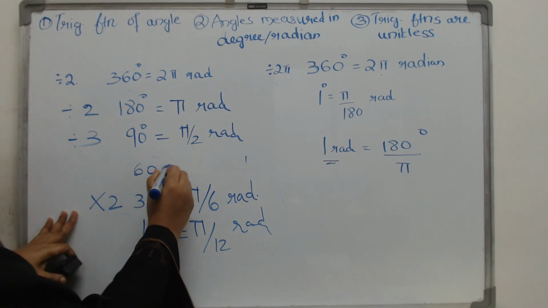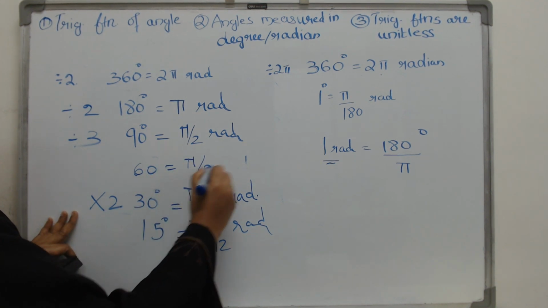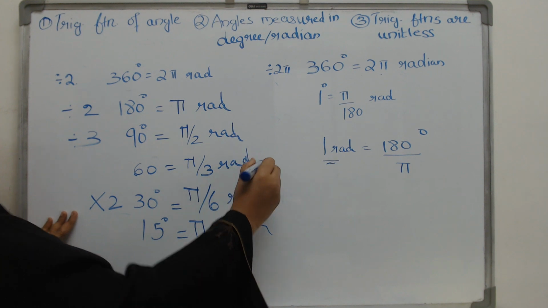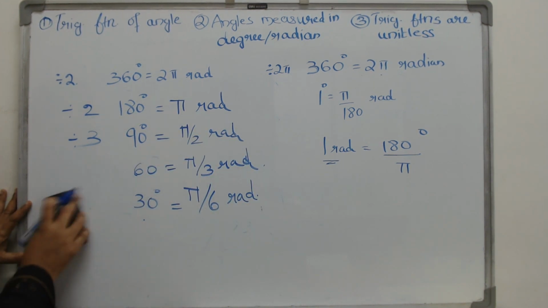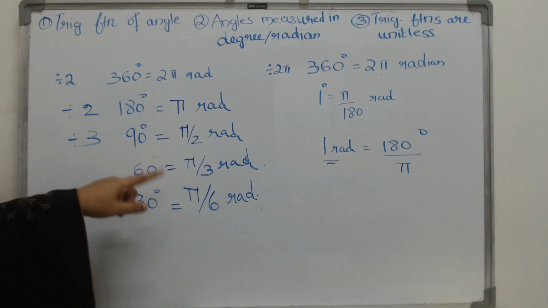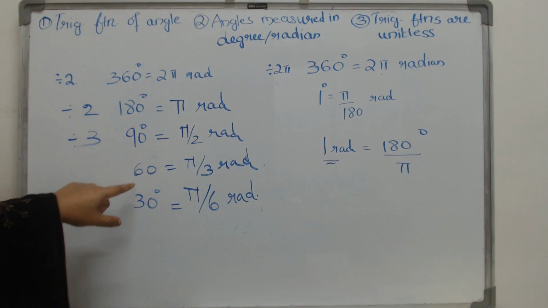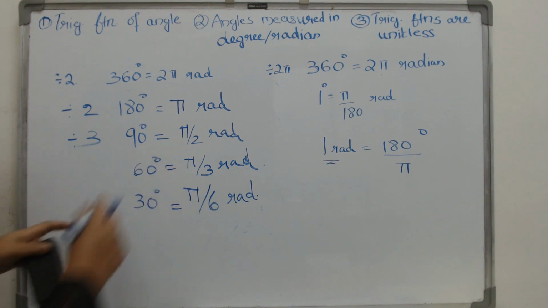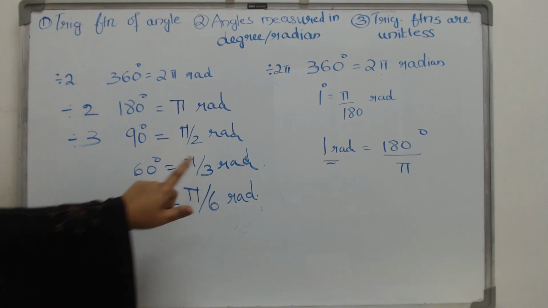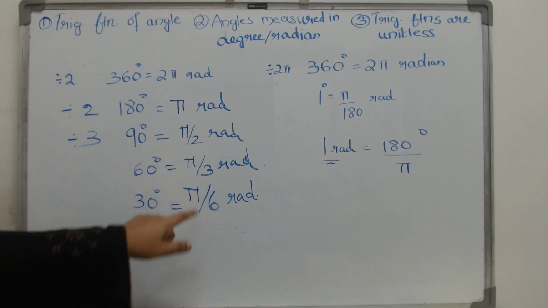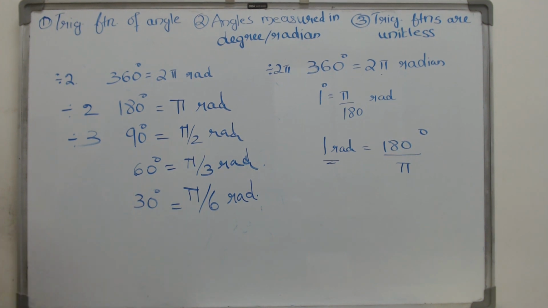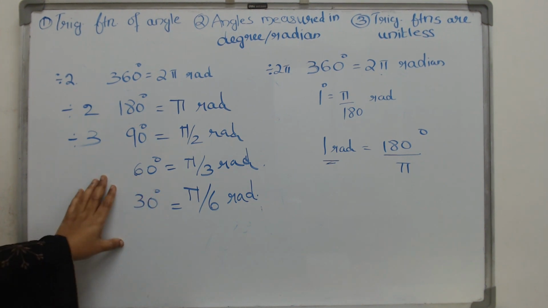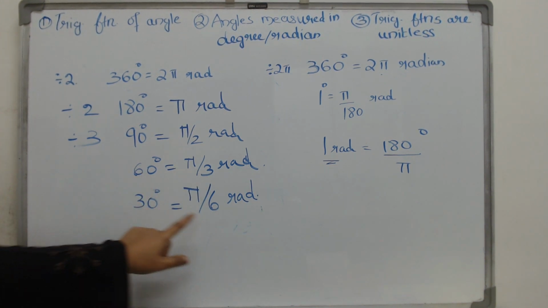Then I will get pi by 3 radian. Now some of these values you are going to see again and again. So please try to remember. There is a very interesting way to remember this. 60 degree is pi by 3 radian. But 30 degrees is pi by 6 radian. Just notice the patterns. Throughout trigonometry, you will see the patterns. If you see the patterns, it is very easy to remember. 6 and 3, 3 and 6.